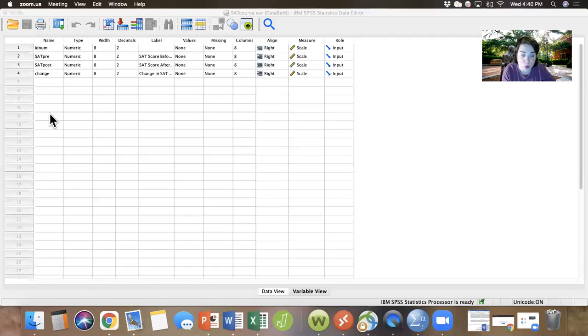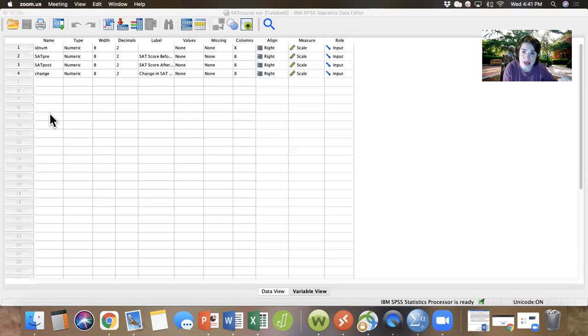So essentially what we are trying to determine when we conduct our dependent samples or paired t-test here is whether their SAT scores improved after taking this course or not. Okay?